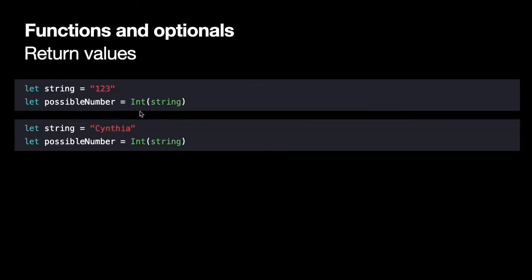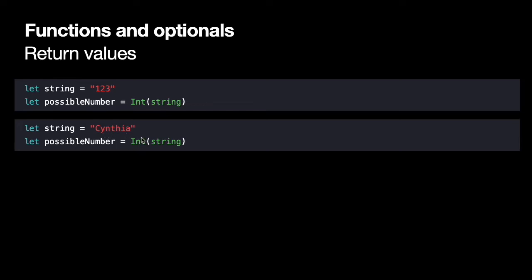The integer type has an initializer that takes a string. So if we have a string "123", then we can initialize an integer using the string as a parameter, and in this case possible number will be an integer of 123. But what if the string didn't make any sense as a number? What if we try to initialize an integer using "Cynthia"?